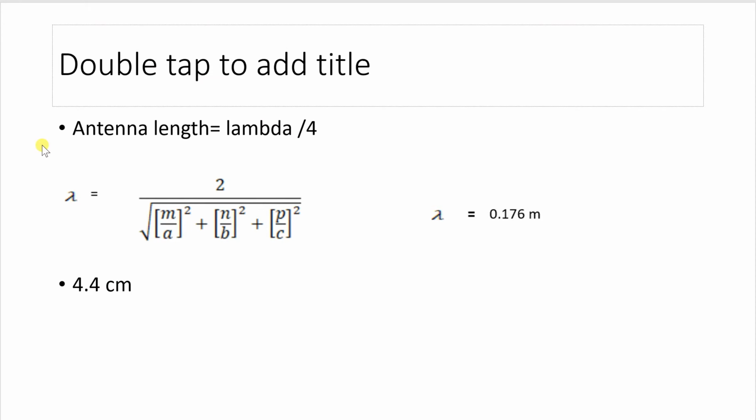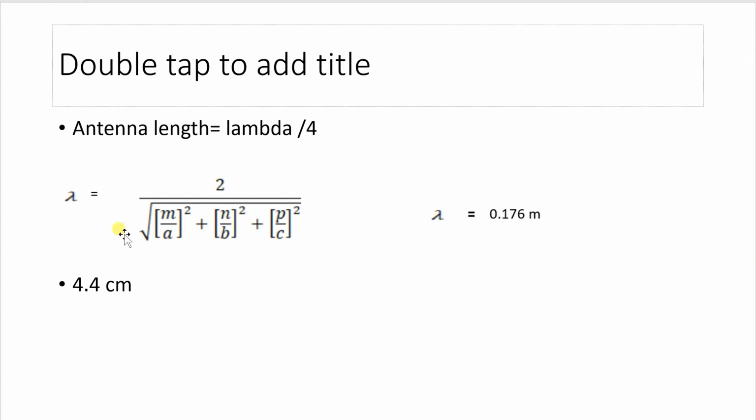Furthermore, according to our book, my antenna must be a quarter of my wavelength to receive back my E fields and transmit it. So I have calculated the wavelength by this formula and I found out that my wavelength is 0.176 meters and a quarter of it is 4.4 centimeters.